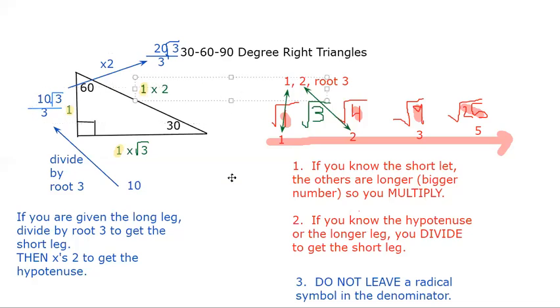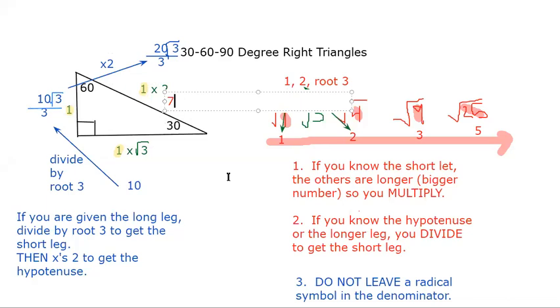Let's give us a new set of red numbers. The green is our original pattern. That's our rule. So if we're starting with the red numbers now and we have the hypotenuse, the hypotenuse is 7.